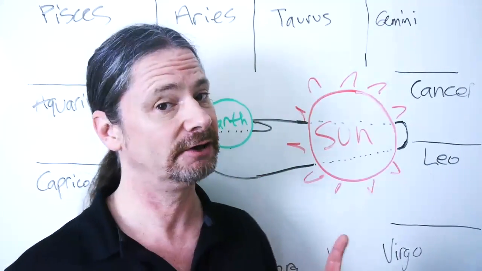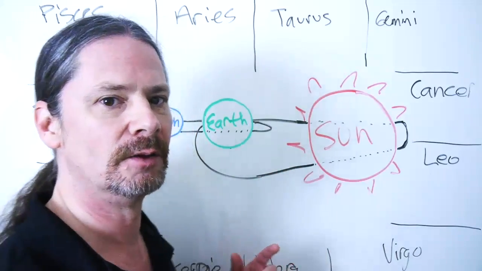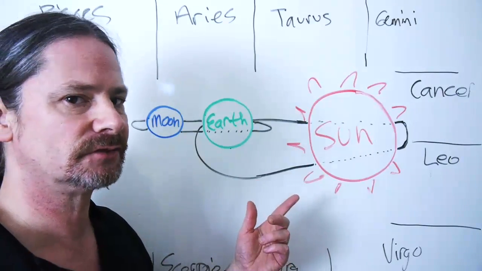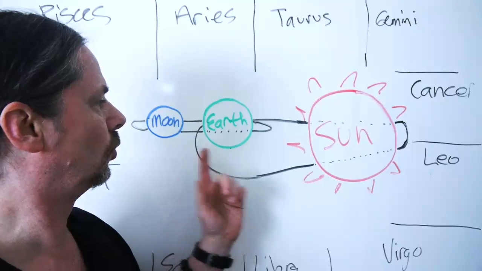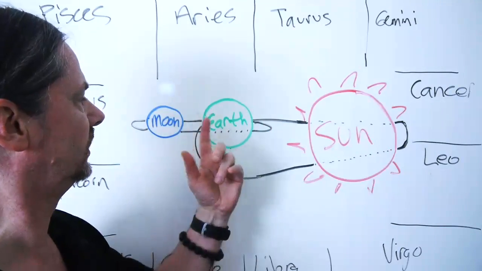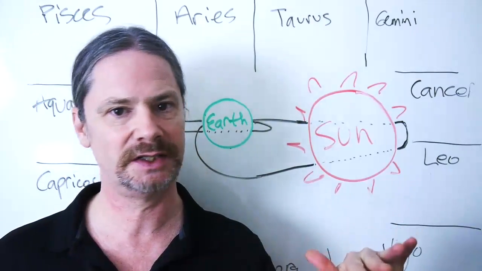I want to show you this diagram that I have behind me. I'm going to have to get out of the way because it takes up the whole board. But you see I have the sun, Earth, and the moon. This is a general representation of the way the sun and Earth and the moon work. You have the sun here, and the Earth goes around the sun, and then the moon goes around the Earth. You have to understand these two revolutions are completely independent of each other.